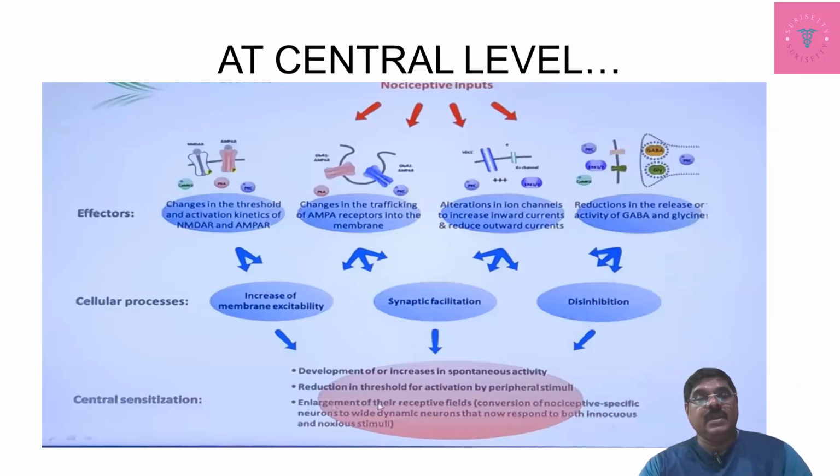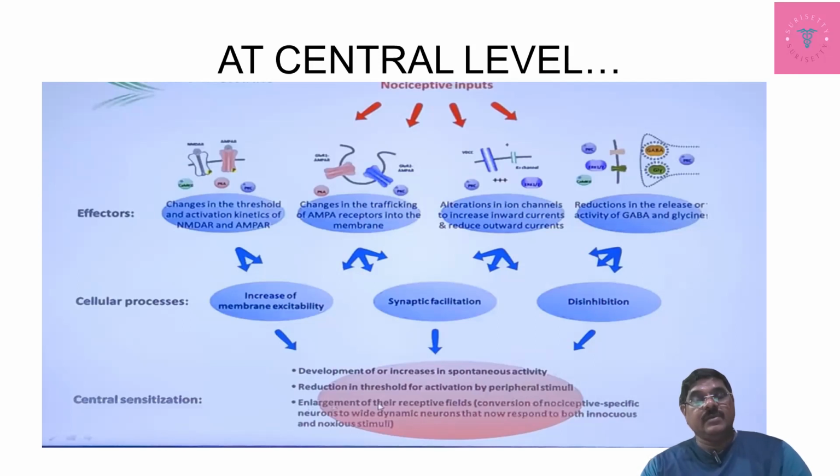All of this leads to increased membrane excitability, synaptic facilitation, and disinhibition, which lead to central sensitization. This causes increased spontaneous activity, reduction of the threshold for action potentials, and enlargement of receptor field areas. These are all the things that occur in central sensitization.